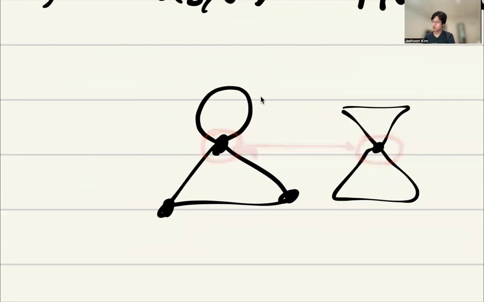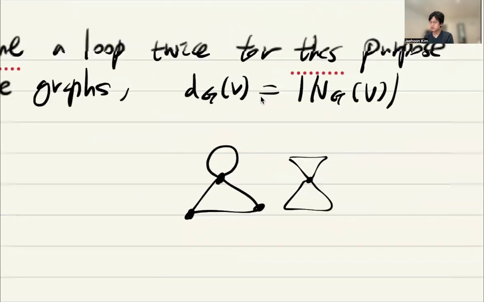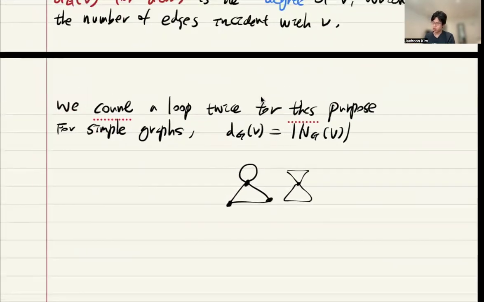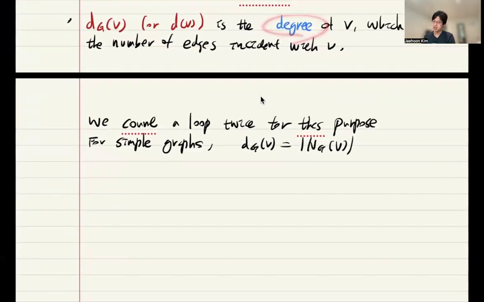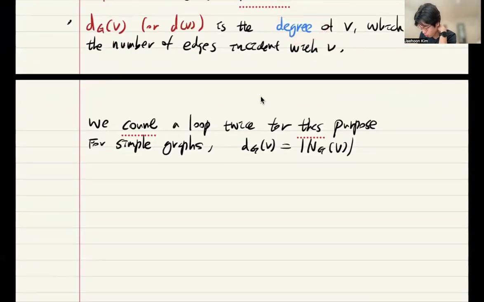Then we want to count the edges attached to this vertex. Here it's 4: 1, 2, 3, 4. Here 1, 2, 3, but we want to count the loop twice to make it isomorphic in this local sense. That's one intuition.